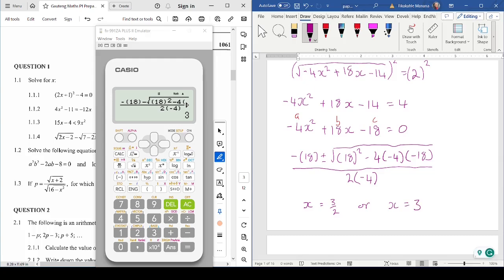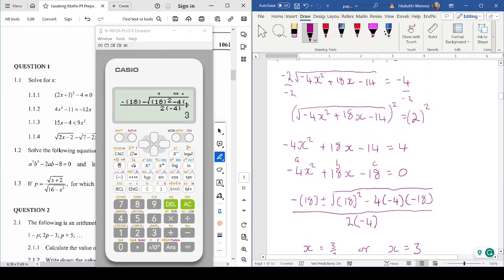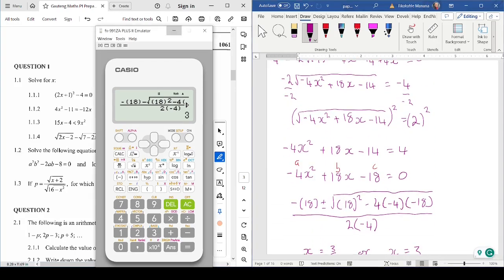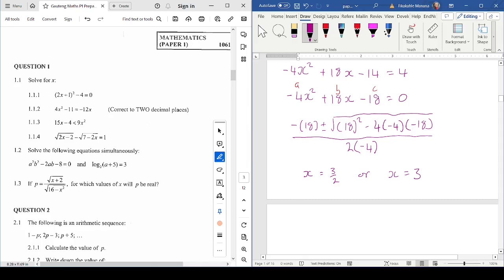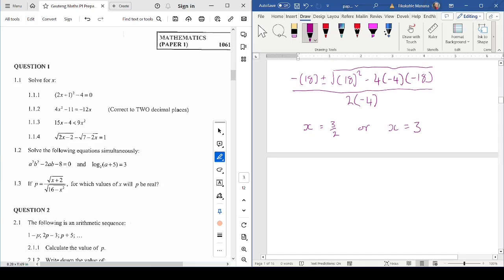Now, when it comes to surds, you have to do a check. How do we do a check? Basically, we just substitute the values of x into the equation, because with surds you have to reject one of them if it's not relevant.